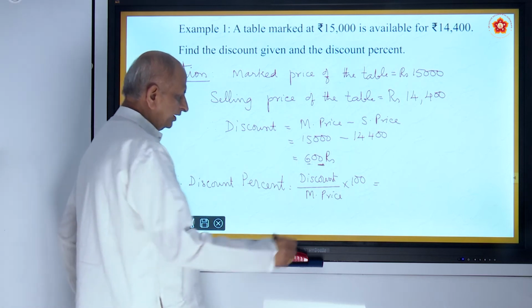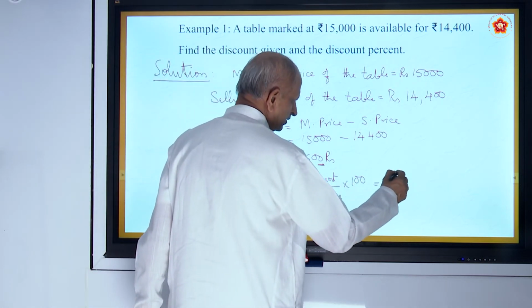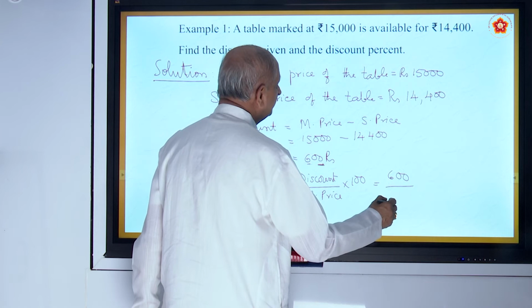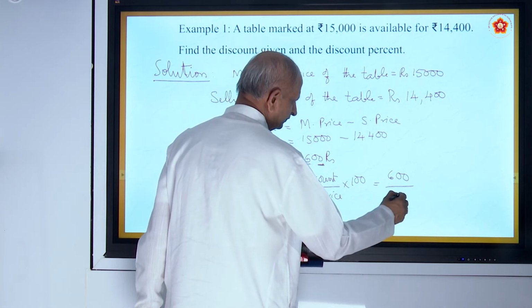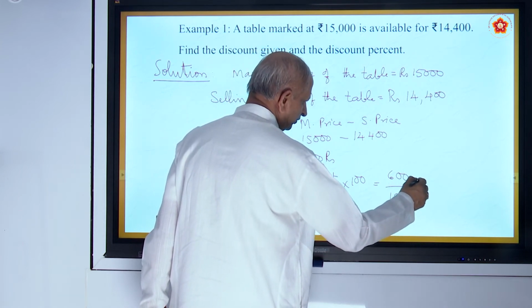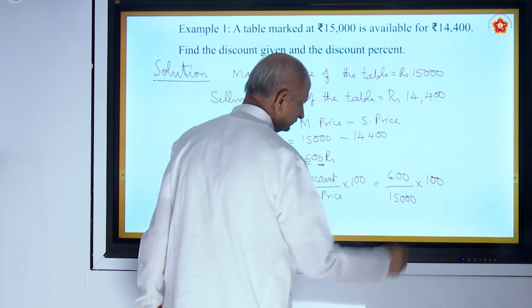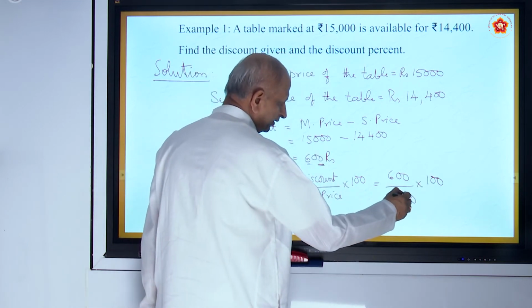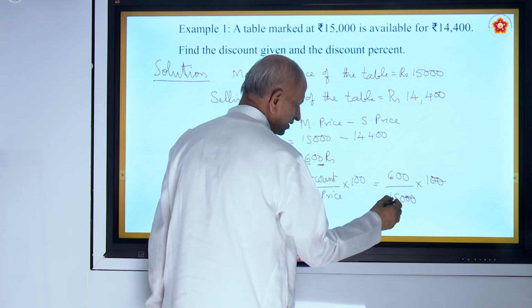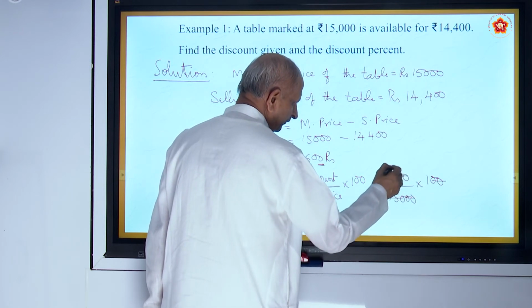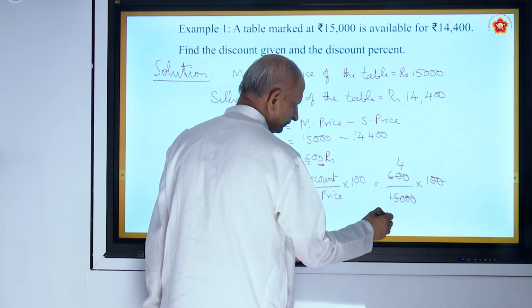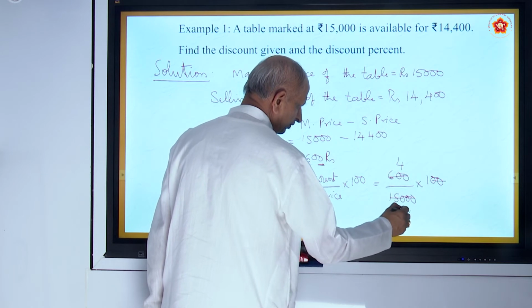So, discount is 600 by market price 15,000 into 100. And here the zeros cancel, 151 za, 154 za. So 4% discount.